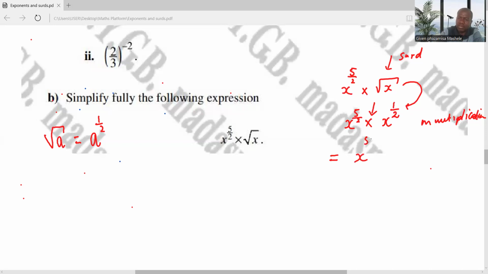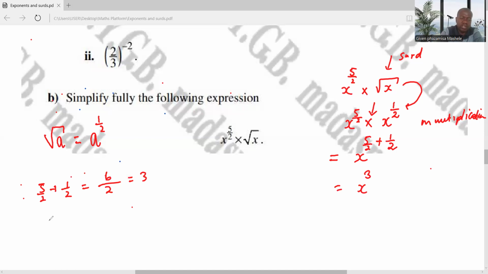So it's 5/2 plus 1/2, which is the same as 3. Why 3? The denominator is the same. Take one and we add the numerators. So it's 5 plus 1, which is 6, over 2, which is 3.